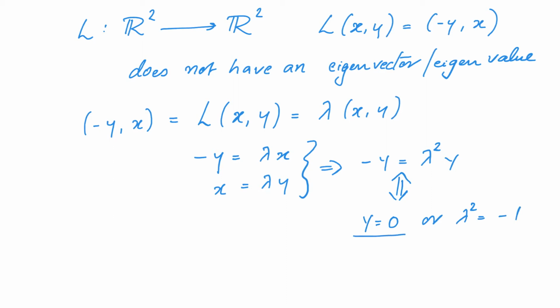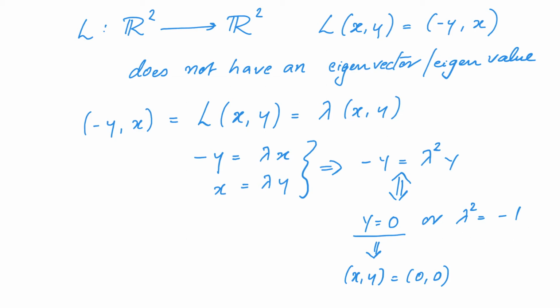But if y is equal to 0, then x is also equal to 0, and therefore (x, y) is equal to (0, 0). And we were looking at a non-zero vector that satisfies this equation. Thus, the only possibility is that lambda square is equal to minus 1.